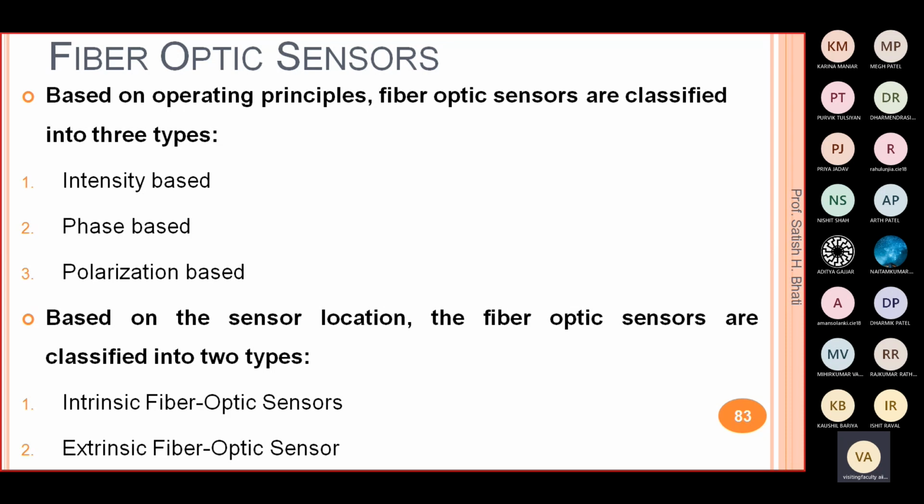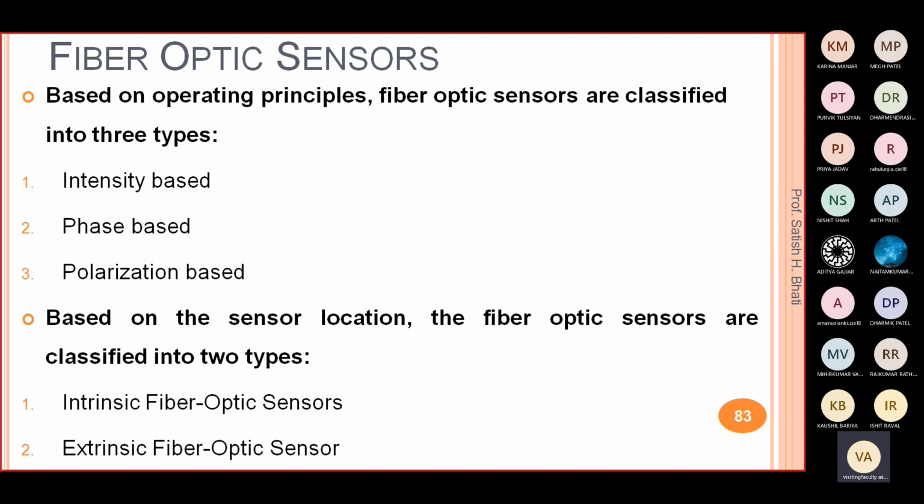In fiber optic, we are using light, and this light has some intensity, the light waves or light rays have phase, and it has polarization. So we will change those parameters of the light, and based on that we will do some measurement. So based on that we can give the three types: intensity based fiber optic sensor, phase based, and polarization based.